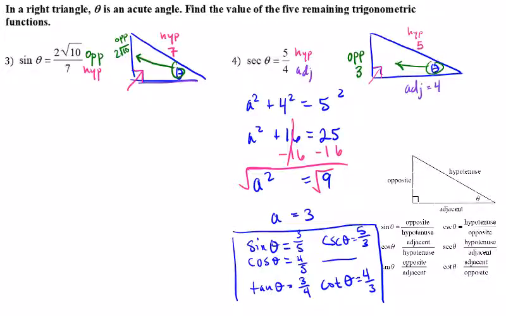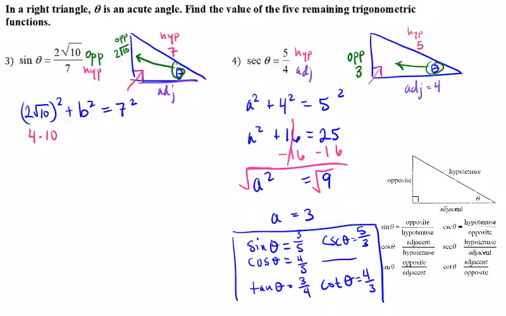So adjacent is the leg that's next to the reference angle. And so we'll let that be A, or you can let it be B if you want. Let's make it B. So we'll do opposite, which is 2 root 10 squared, A squared, plus B squared, we don't know what that is, equals C squared. Okay, so now when I square 2 root 10, I square the 2, and that becomes 4. And then I square the square root, and that becomes 10.